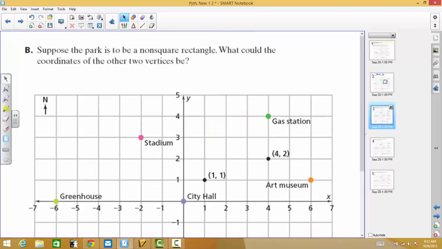All right, next up. This says a non-square rectangle. So that is a parallelogram. So that means the corners are not 90 degrees. So if you're thinking of this, that is a normal rectangle with 90-degree corners. So that is not what we're thinking.